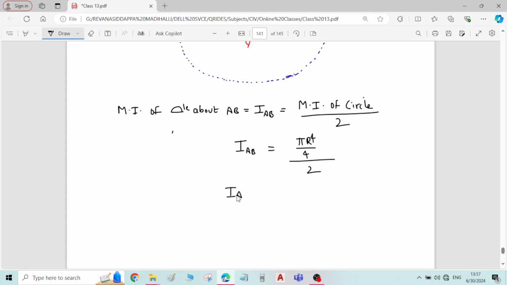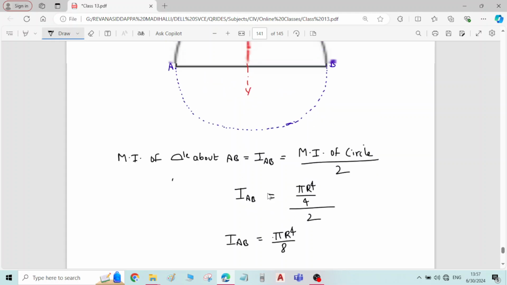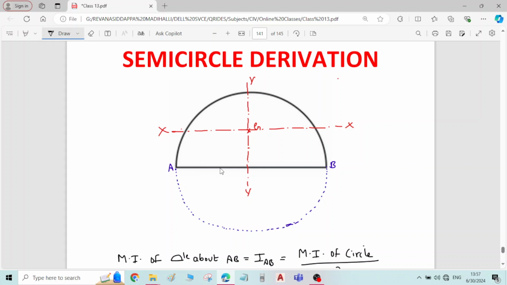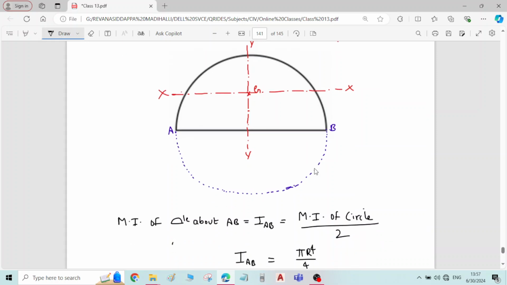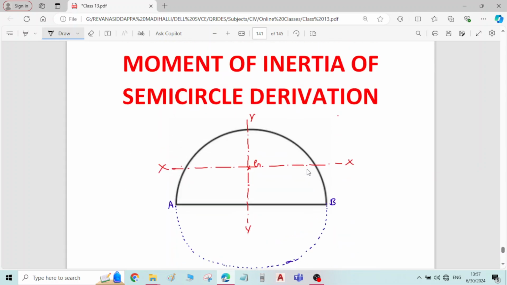Therefore IAB is equal to pi r raised to 4 by 8. Okay, now we got moment of inertia of semicircle about its diameter AB, IAB, but we want moment of inertia about centroidal axis. Okay, we want moment of inertia about x-axis and we want moment of inertia about y-axis, Ixx and Iyy.